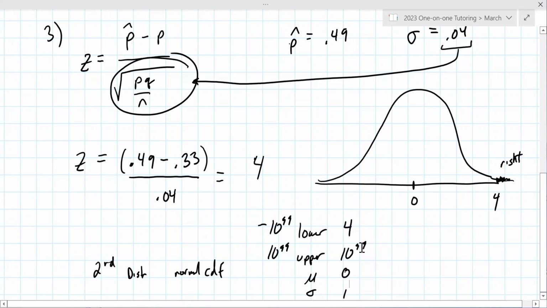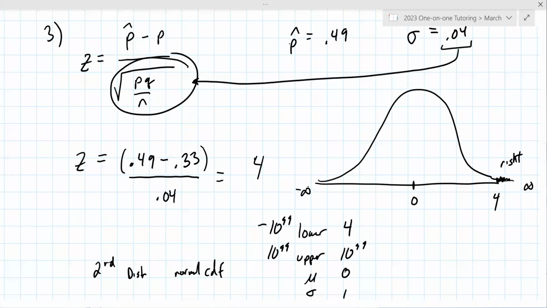It doesn't need to be that large, just large enough. But the calculator has an upper bound of about 10 to the 99. It treats that as infinity, essentially. You're going out to infinity, but you can't put infinity in. It would be better if the calculators had an infinity button, but you have to know.